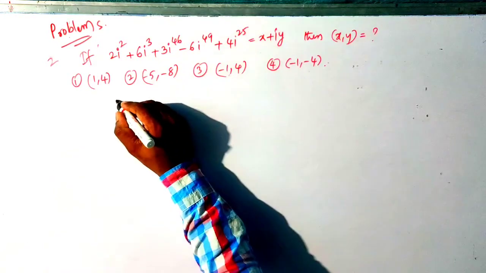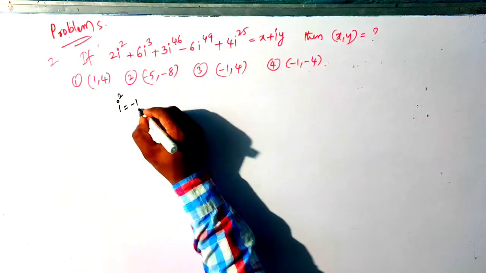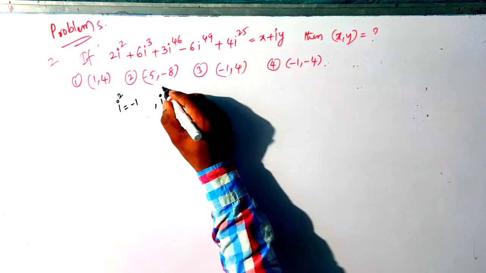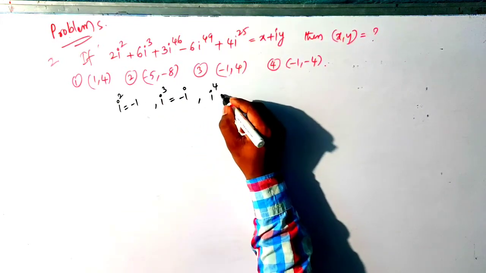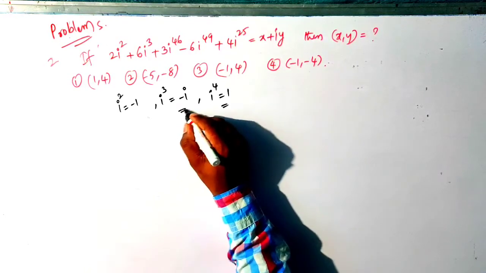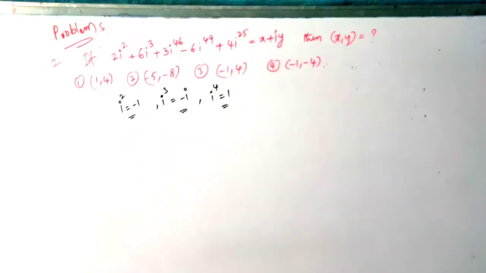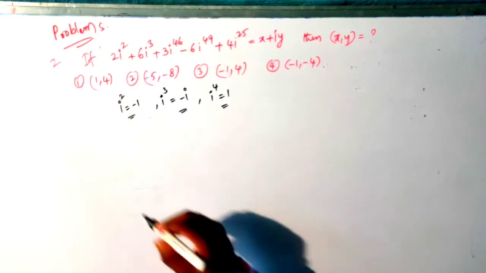First of all, i square, we know that is -1, i cube is minus i, and i power of 4 is equal to 1. So remember these values first of all. So i square equals -1, i cube equals -i, i power of 4 equals 1.